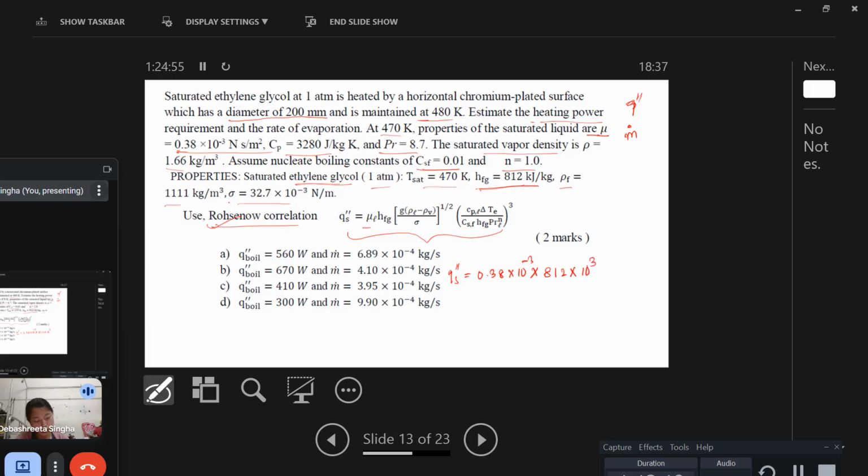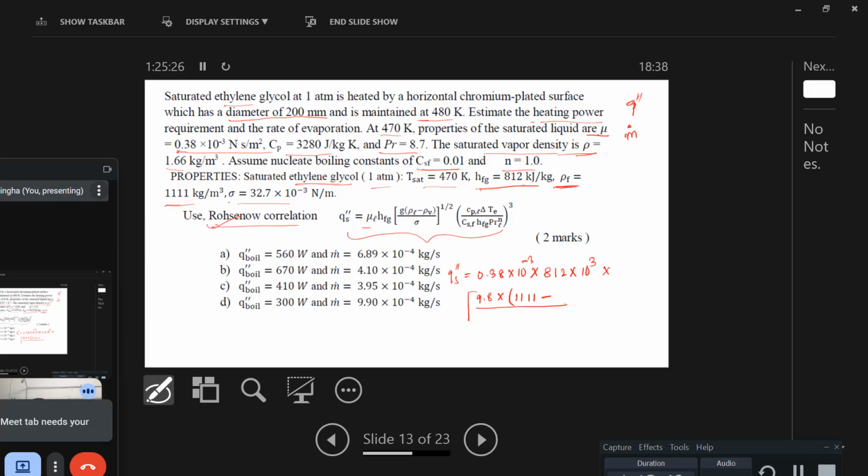Converting into joule, 10 cube joule per kg, into again 9.8, into rho L. Rho L is given as this. The liquid is ethylene glycol, right? So the rho is given as 1111 minus rho V.